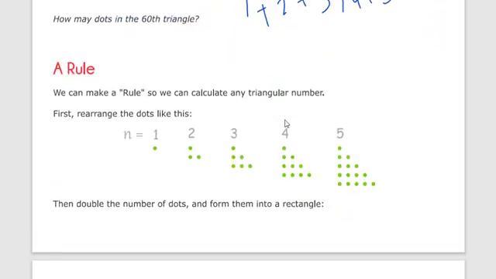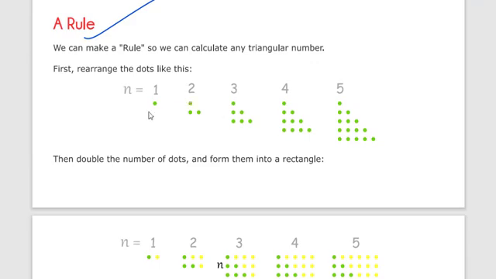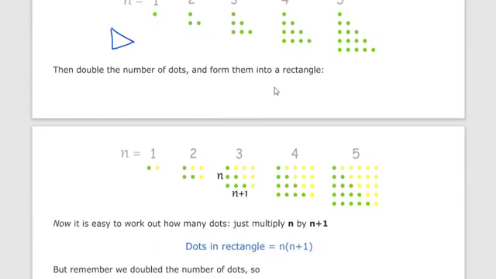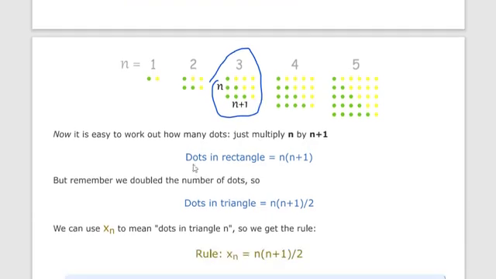Now what is the rule? First of all, make the triangle a right angle triangle. Then double the number of dots and form them into a rectangle. So here we have an n by n plus 1 rectangle, n rows and n plus 1 columns.